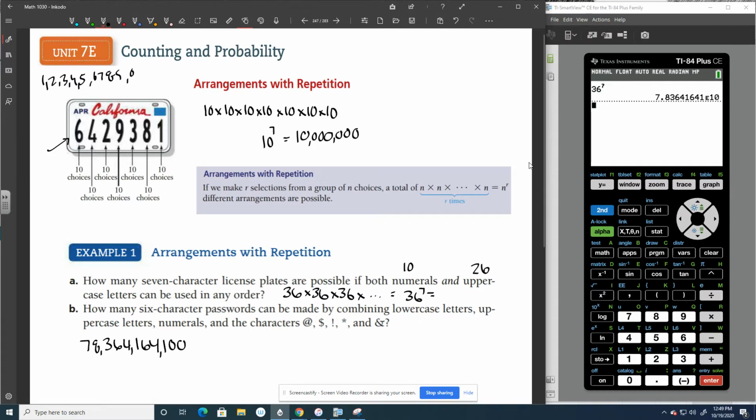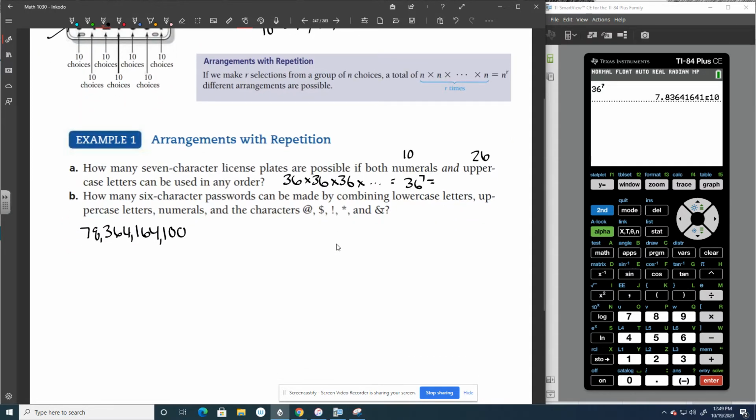Then if we go beyond that and say, how many 6-character passwords? And this will kind of give you some insight as to why passwords are set up the way that they are. But we've got 6-character passwords. So 1, 2, 3, 4, 5, 6.